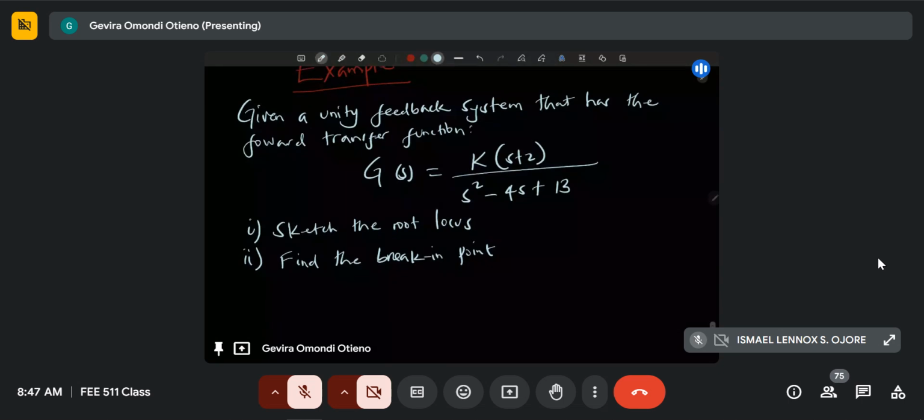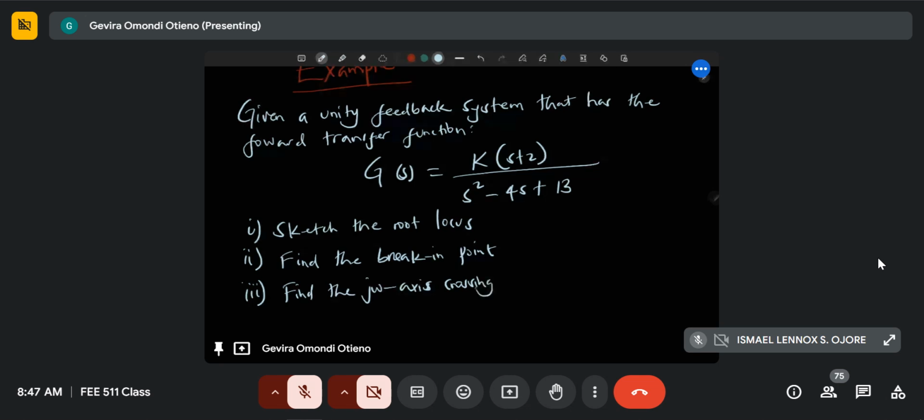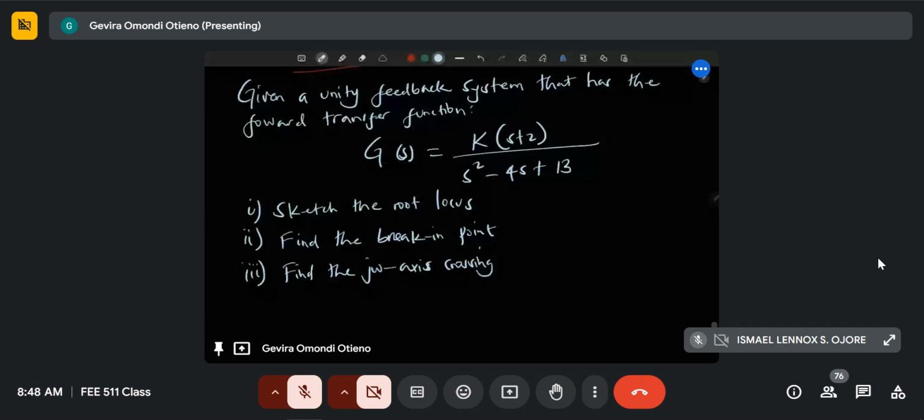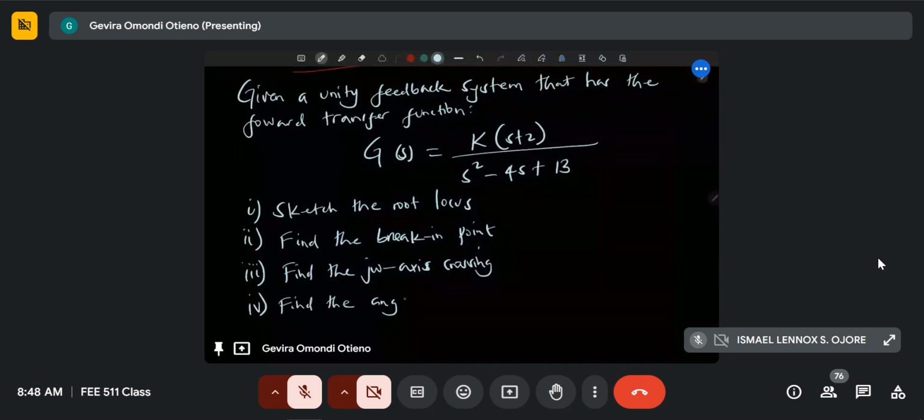Number 3, find the j omega axis crossing. Number 4, find the angles of departure from complex poles.